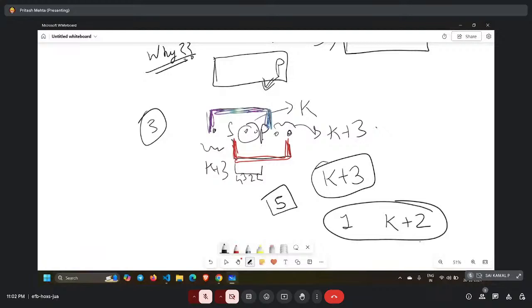Because the length of this array is greater than or equal to k plus 3, and this array is also of length greater than or equal to k plus 3. So both of these arrays should have k plus 3. So there is space for k plus 2 elements, and we want to fit k plus 3 elements into that. By the pigeonhole principle, we can't do that.